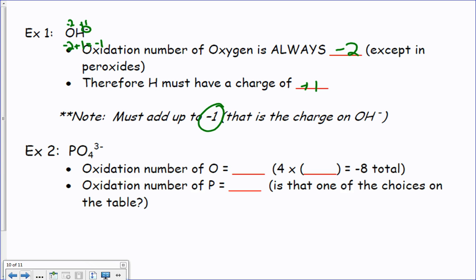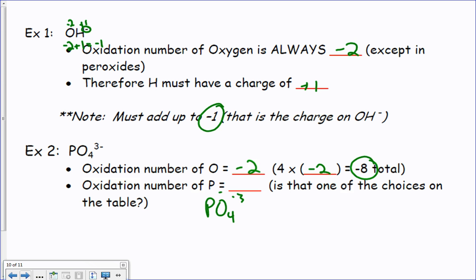Okay, PO4 with a -3 charge. Well, the oxidation number of oxygen is usually -2. I have 4 of them, so it's going to be 4 times -2 equals -8. So now I got to back calculate. I have a total charge. I'm going to rewrite this, PO4 to the -3.